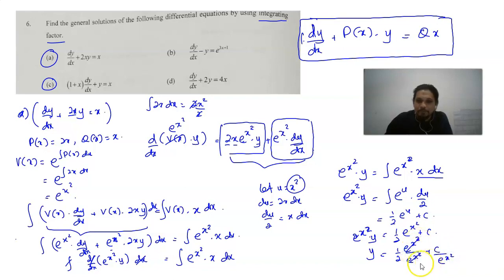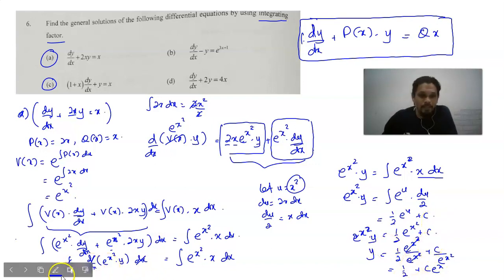Clear these two, and it equals 1 over 2. Clear this with itself, equal to half, plus c e to the power of negative x squared.